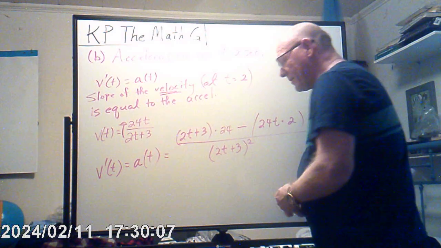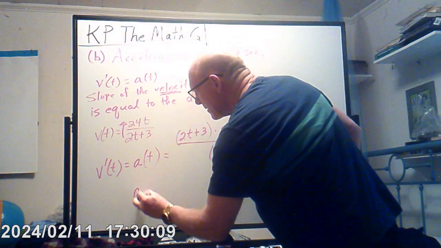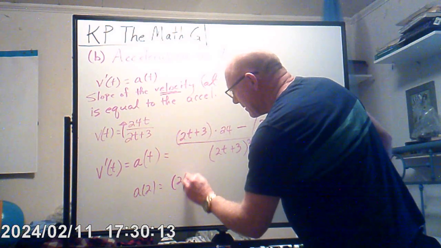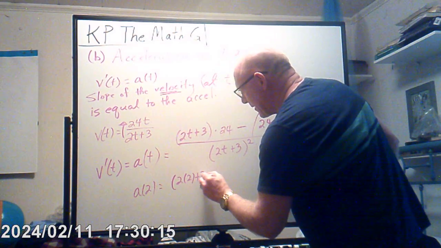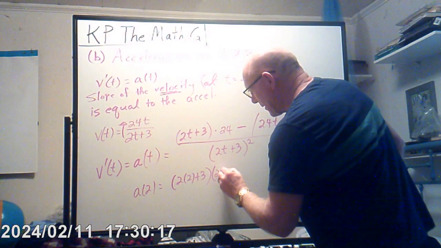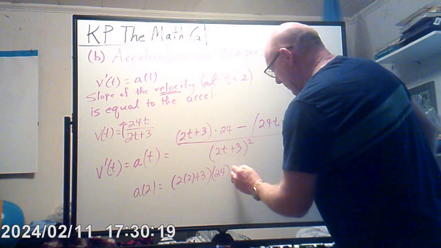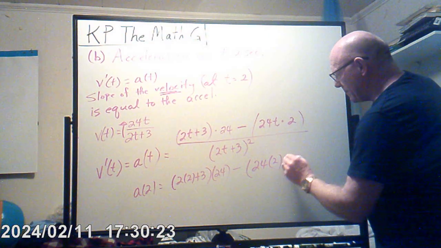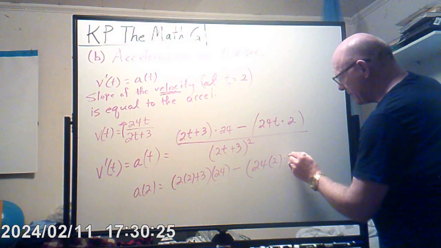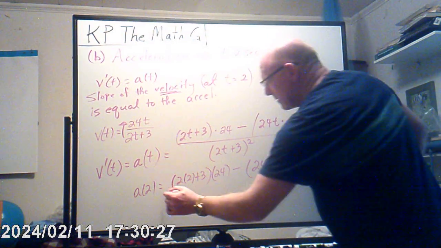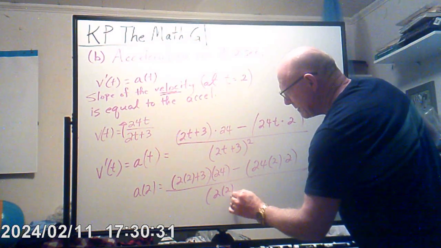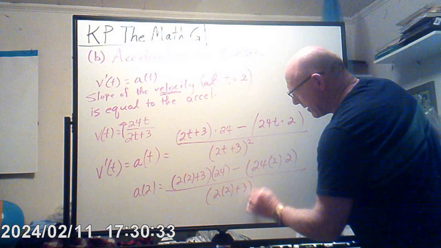Now, A prime at 2. What's that? So 2 times 2 plus 3 times 24 minus 24 times 2 times 2, all over 2 times 2 plus 3 squared.